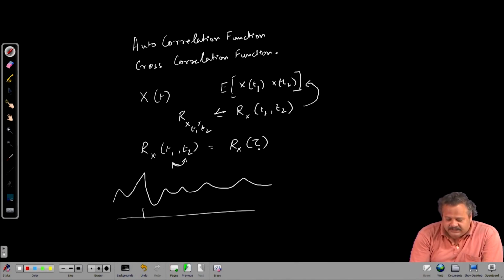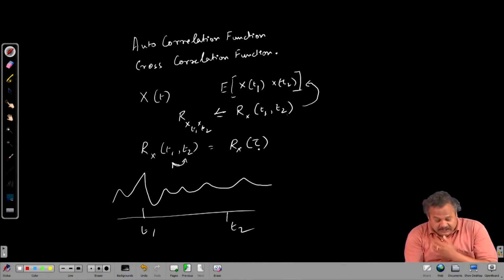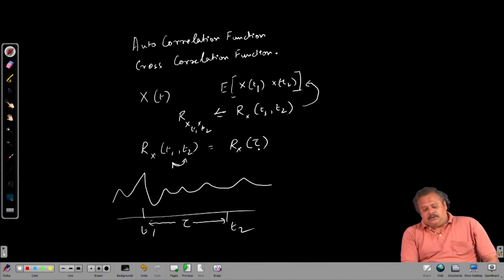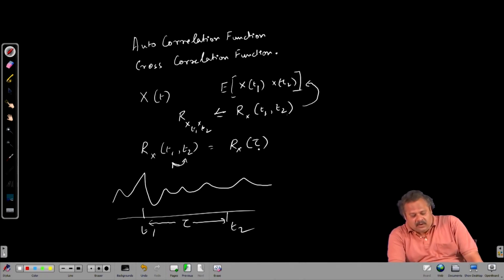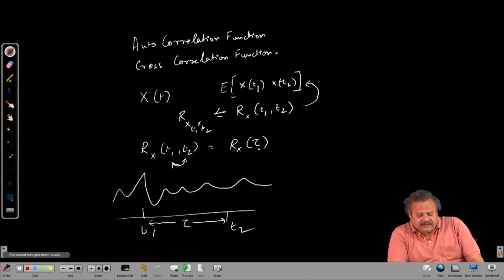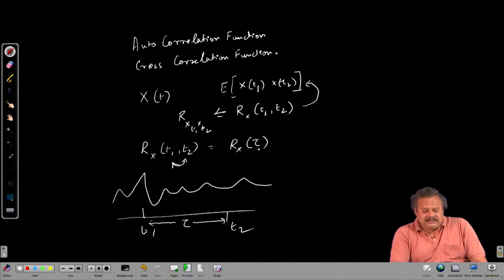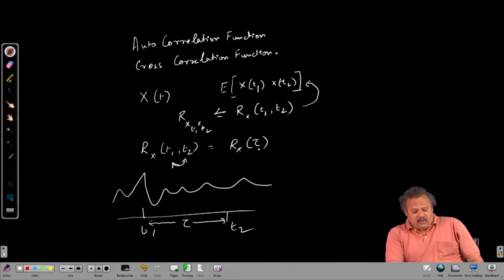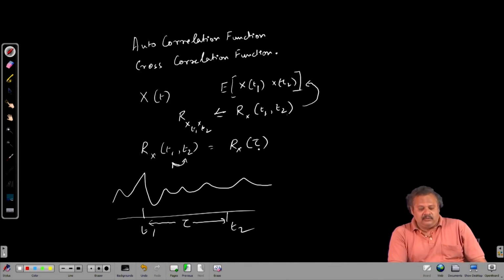Let us say this is our t1, this is our t2, and let us say this difference in time is tau. So, under the condition of stationarity or wide sense stationarity or weak stationarity, we can say that this expectation is independent of the location of t1 and t2, but is only dependent on the difference between t1 and t2.